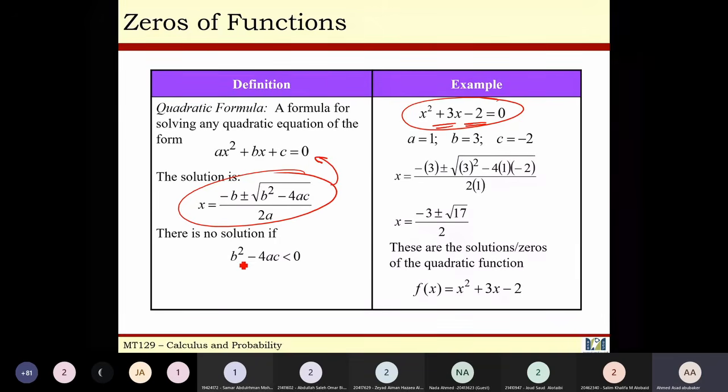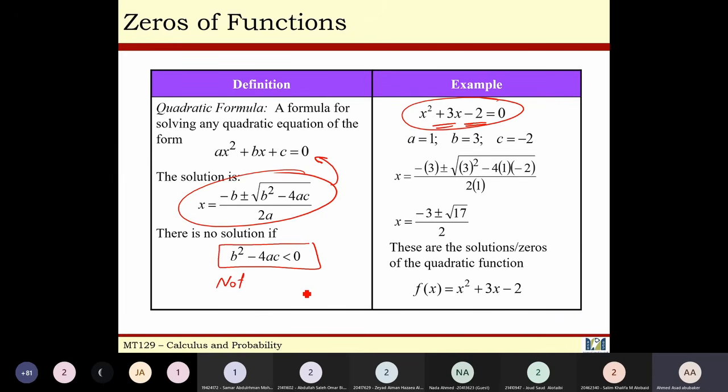In case we have b squared minus 4ac less than 0, we don't have a real solution. This is the discriminant. If the discriminant is negative, there is no real solution.